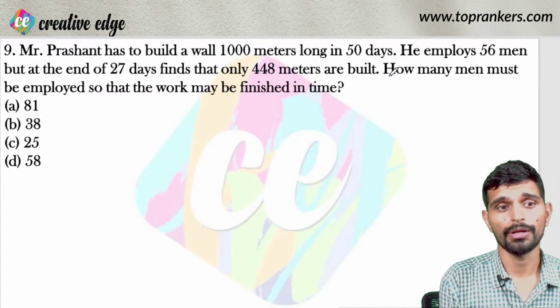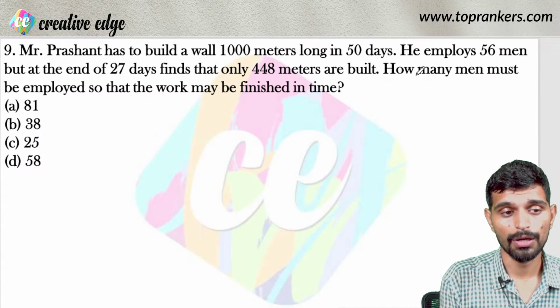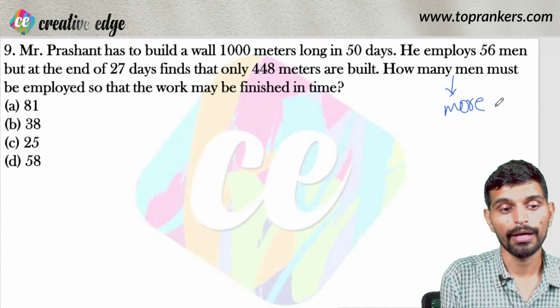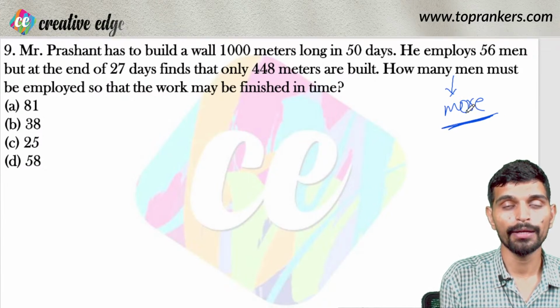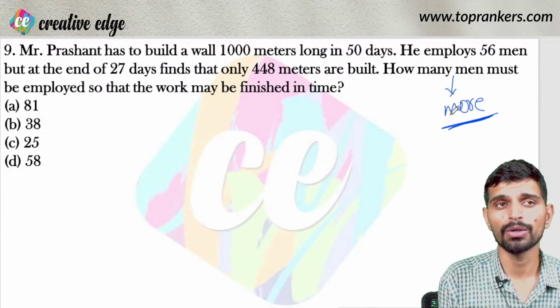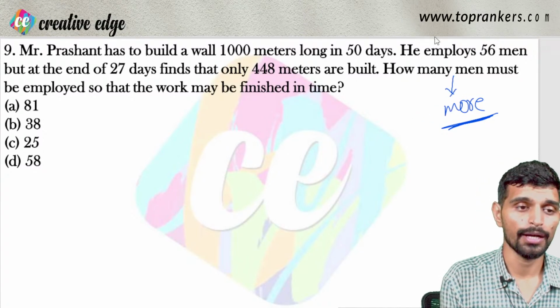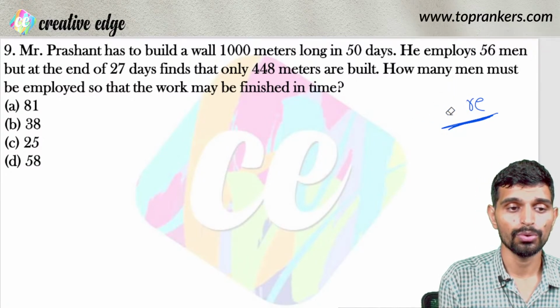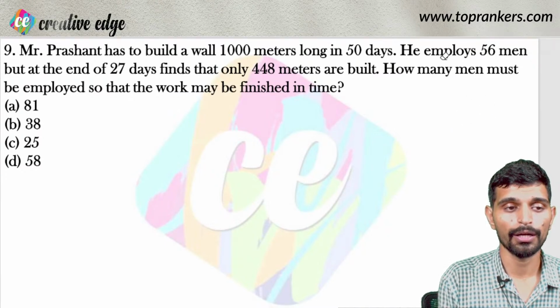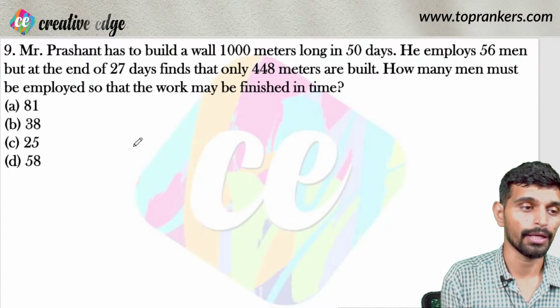Be careful here. Here he has not asked how many more men. Had this question been more men, this would have been similar to question number 1. But here he has not asked more men, so you need to determine total workers required, right?